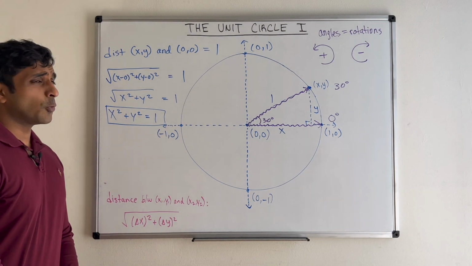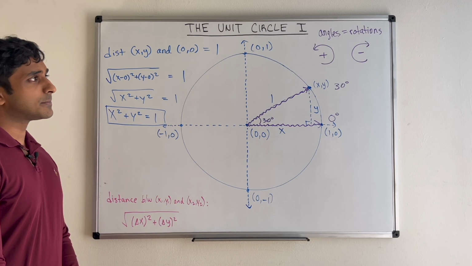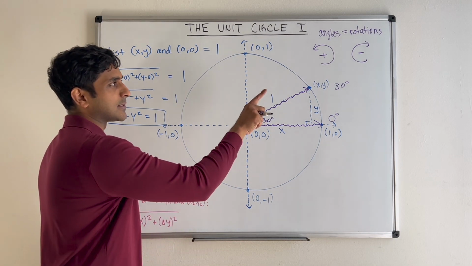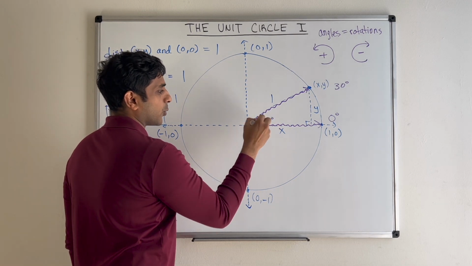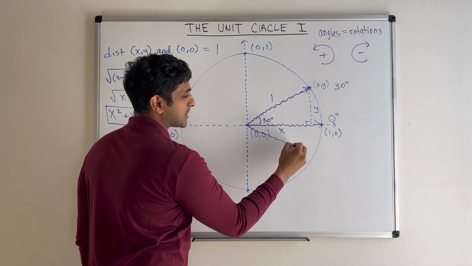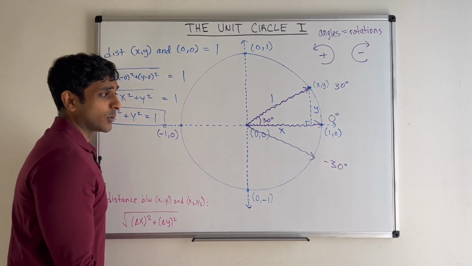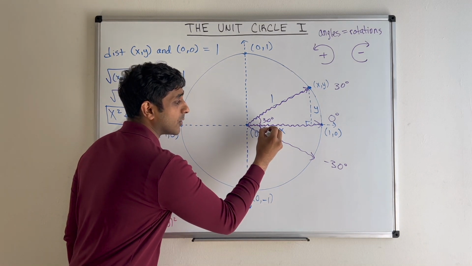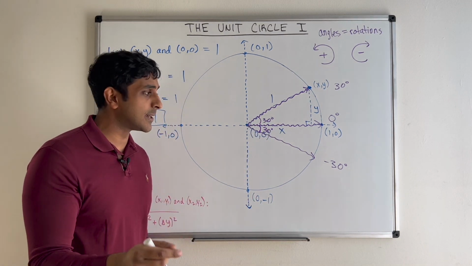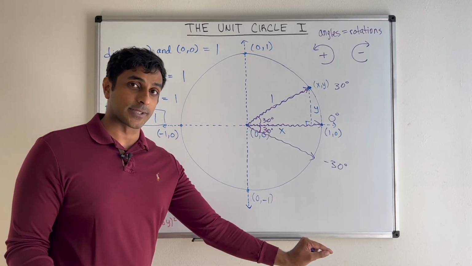That would correspond to a 30 degree rotation. Okay. What about negative 30 degrees? What would negative 30 degrees look like? Well, negative just means clockwise. So if we start at the same starting position and go the other way, we would end in a situation that looks probably something like this. So this is negative 30 degrees. Now, it's important to realize that the physical angle here, that angle is still positive 30 degrees, but the angle that describes the rotation is negative 30 degrees, okay?